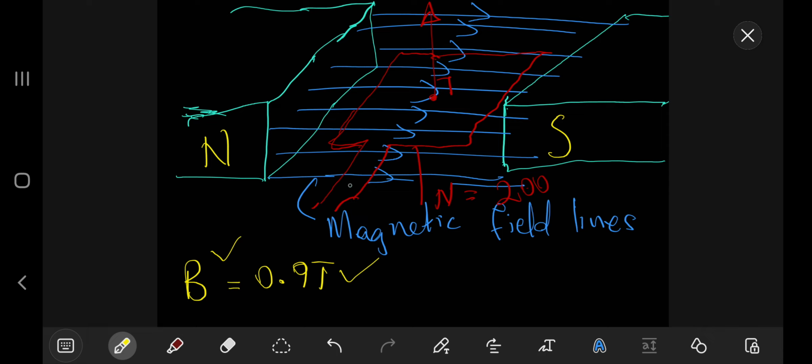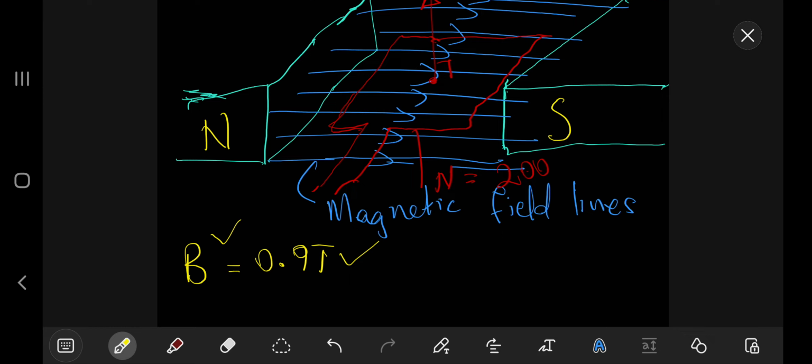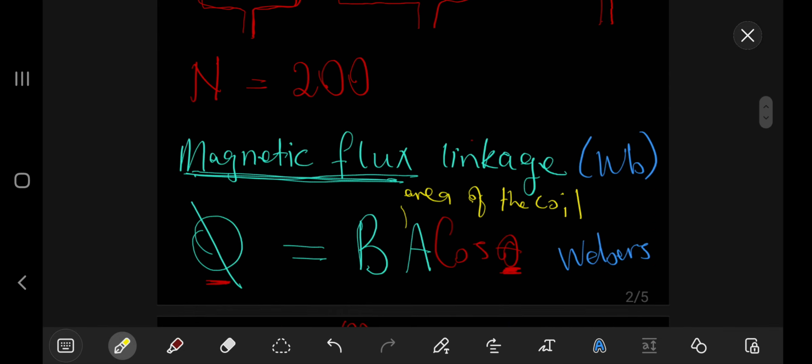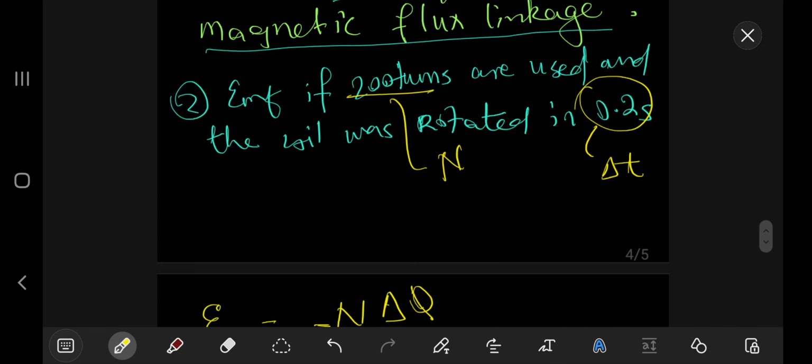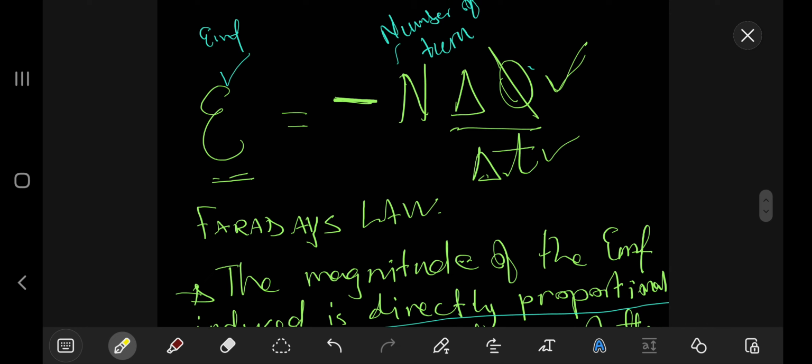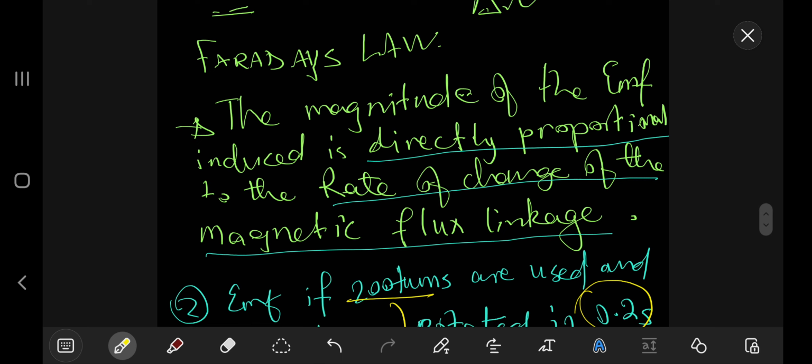Then we can insert our coil inside, and when we insert our coil, there is a magnetic flux linkage, right? But the moment you turn that coil, there is a change in that magnetic flux linkage. Then we can produce that EMF, right? And that EMF is directly proportional to the rate of change of the magnetic flux linkage. So that is Faraday's law.